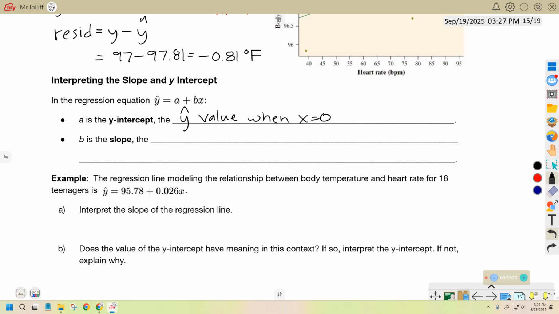And regardless of what you get out of that, it's nonsense because a house that has no square footage is not a house. Can't be worth anything. So sometimes our y-intercepts will have no practical interpretation in the real world, and you'll be expected to explain that when they ask you about it.